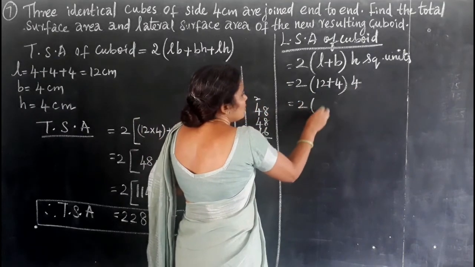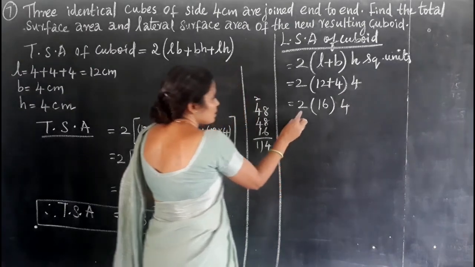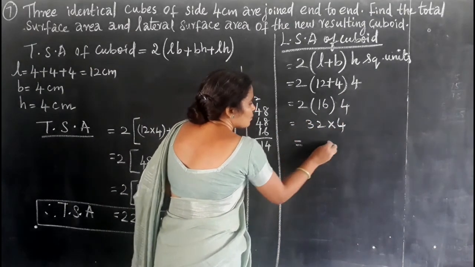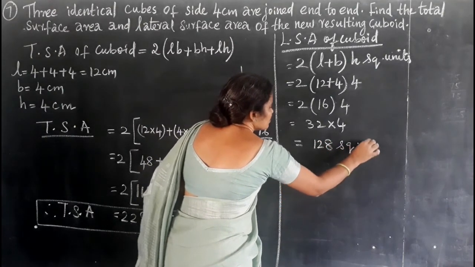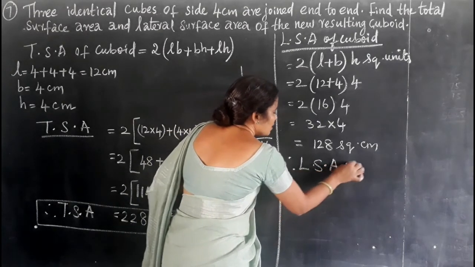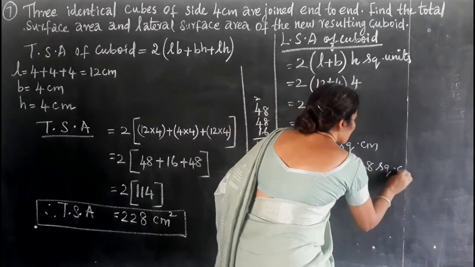So 2 into 12 plus 4, 16 into 4. 16 2s are 32, 32 into 4, 4 2s are 8, 4 3s are 12. So therefore LSA is equal to 128 square centimeter.